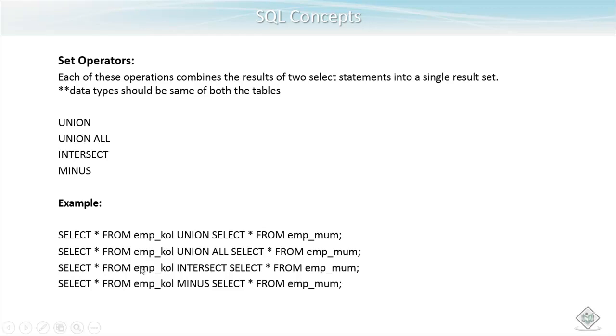In this case we are doing a union on two different tables, EMP_KOL and EMP_MUM. It will select all the employees from Kolkata, select all the employees from Mumbai, and the union will combine them. So this is an example of a set operator, and this is how we can use the set operators.